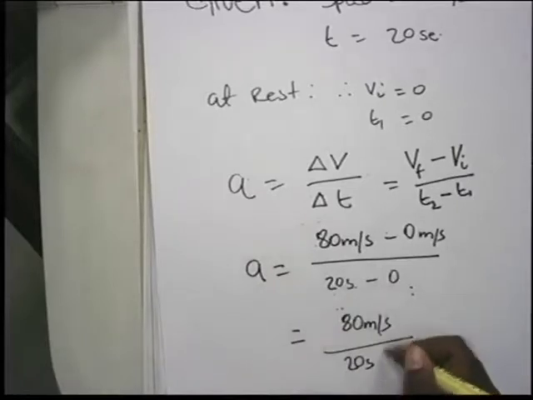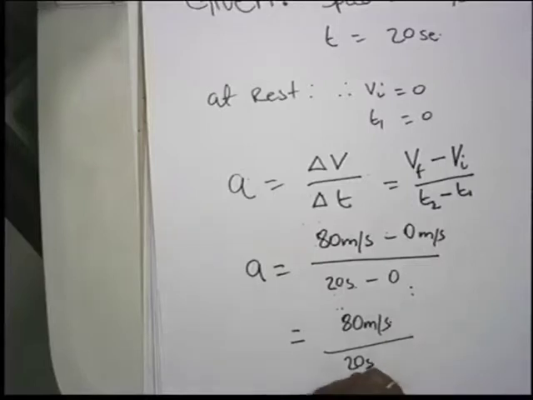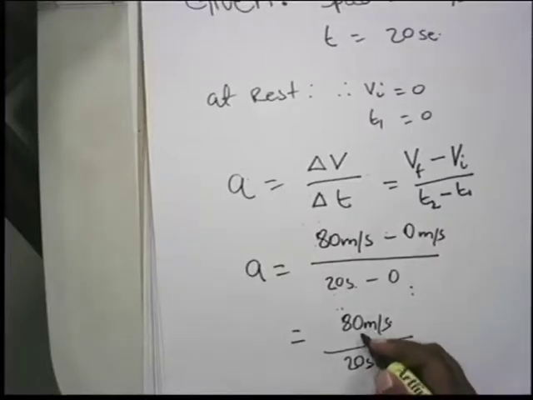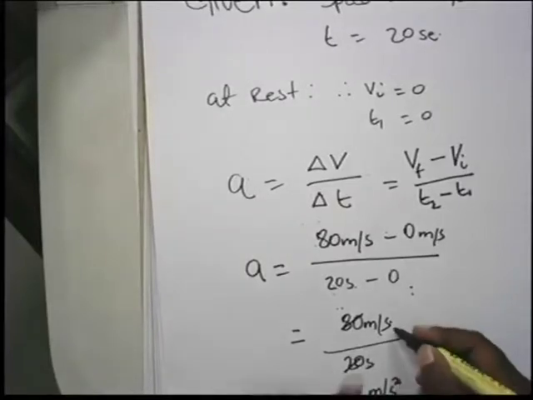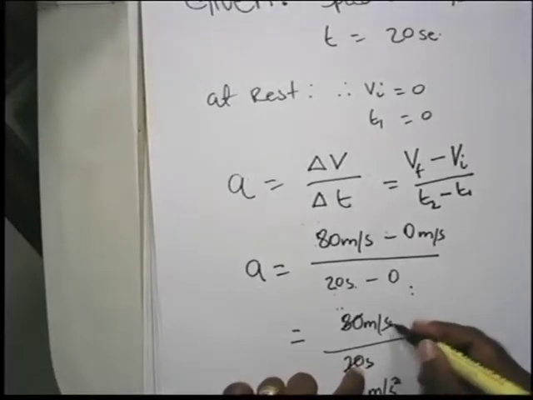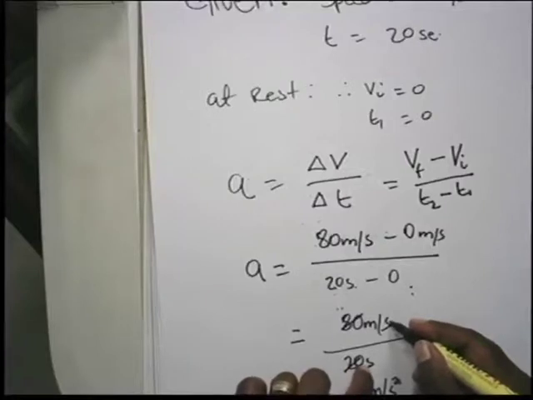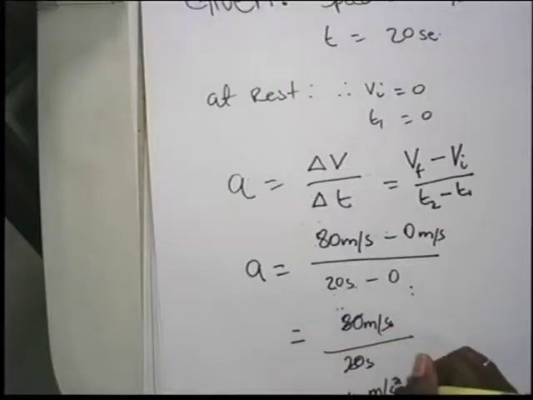Now we divide 80 by 20, and it's 4 meters per second squared, because here we have meters per second divided by seconds, which gives second squared.